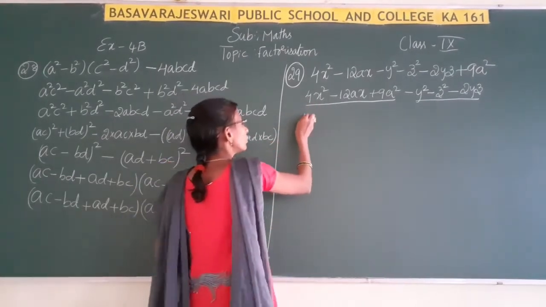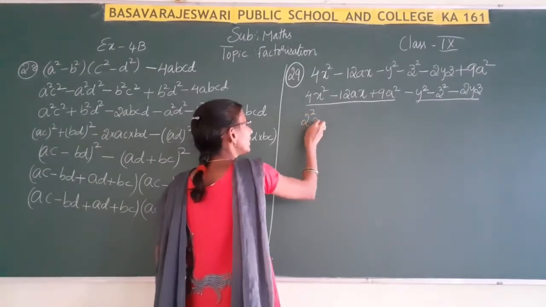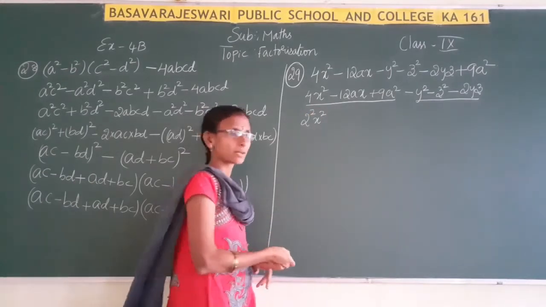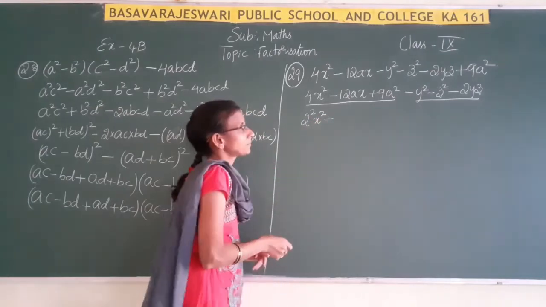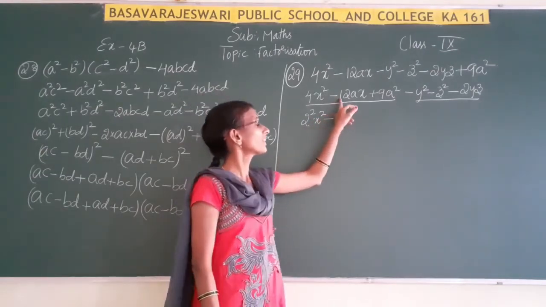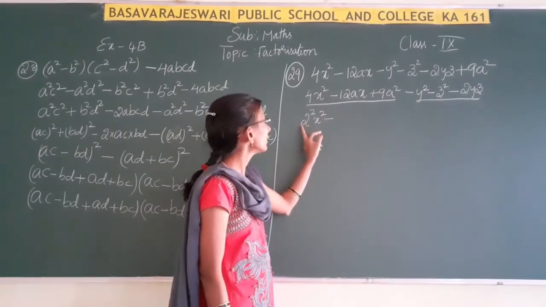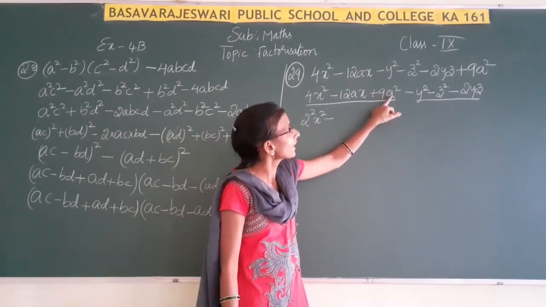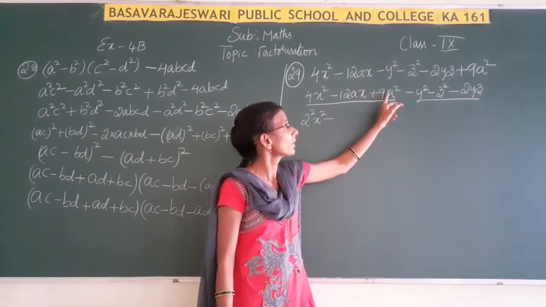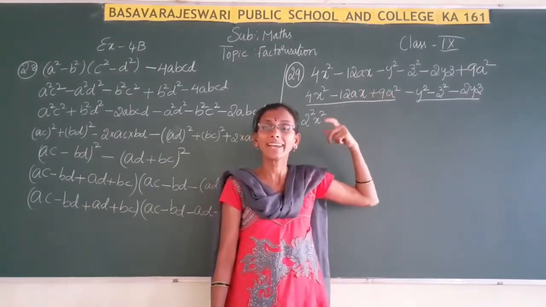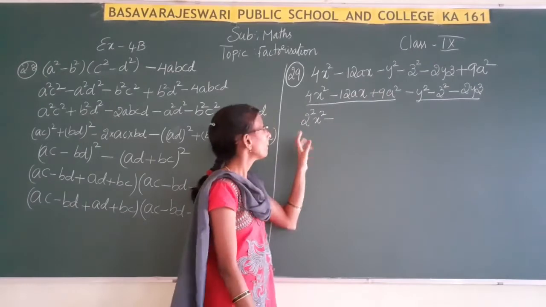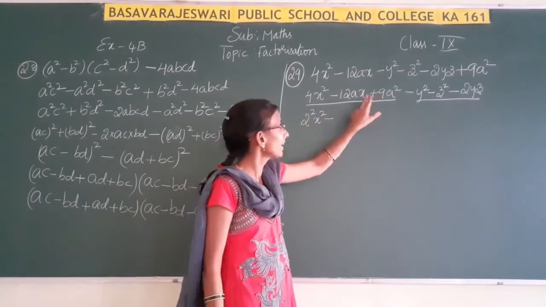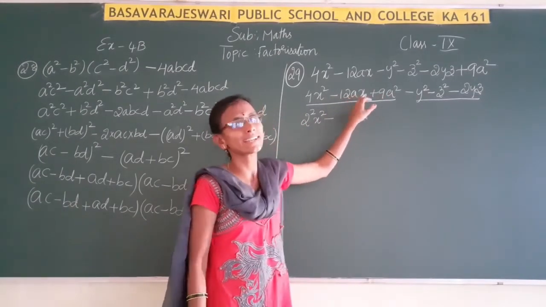So 2 square x square, minus 12, what can we write? Here we get 2x, and 9a square means 3 square a square, which is (3a) whole square. So by using this 2x and 3a, I am splitting this 12ax.